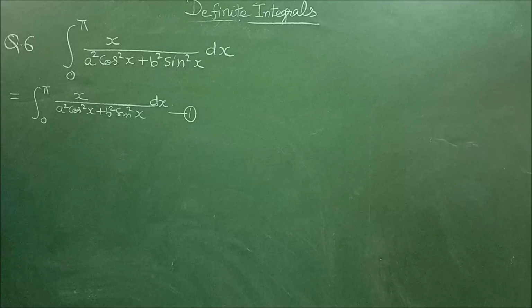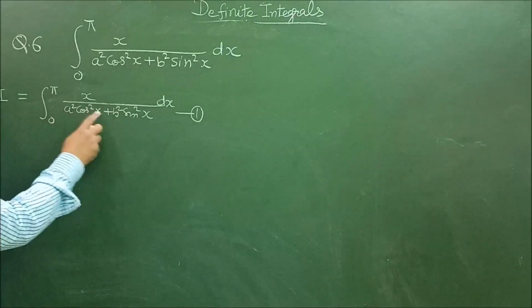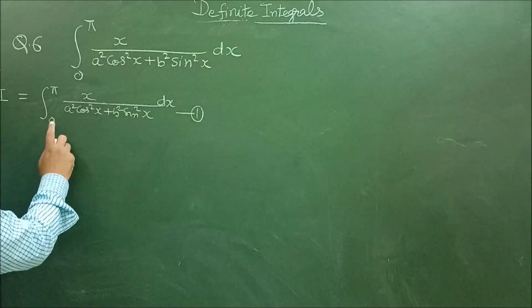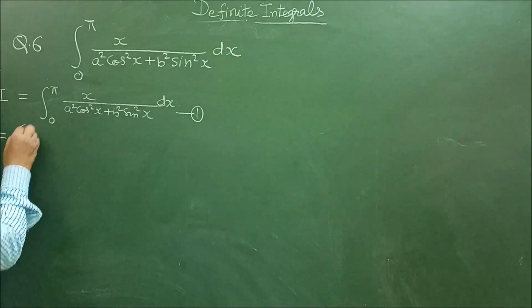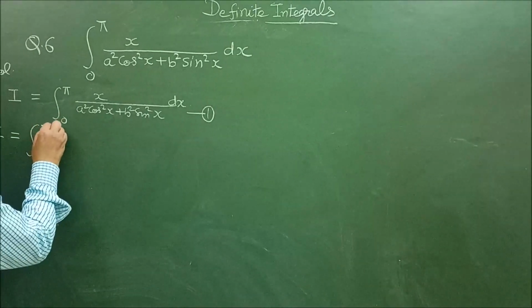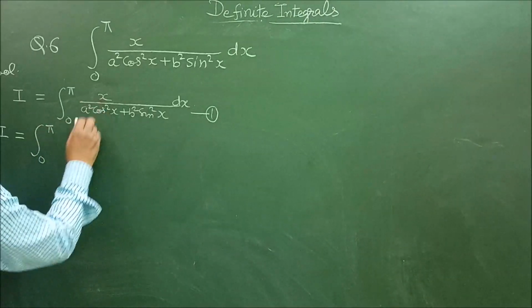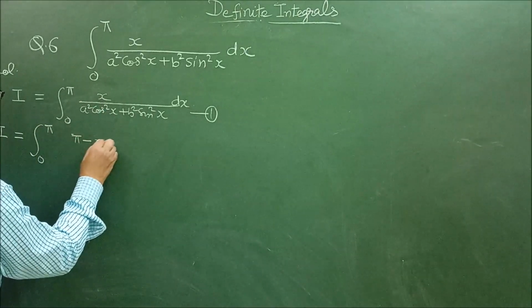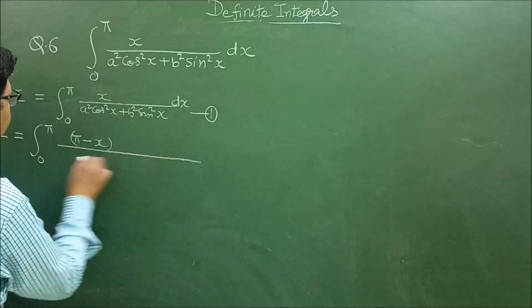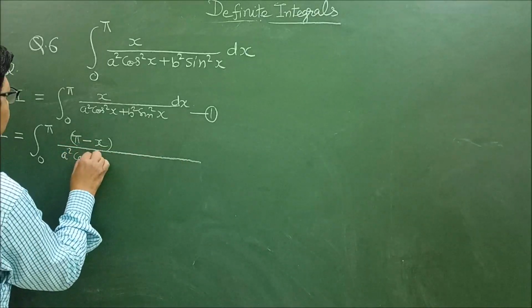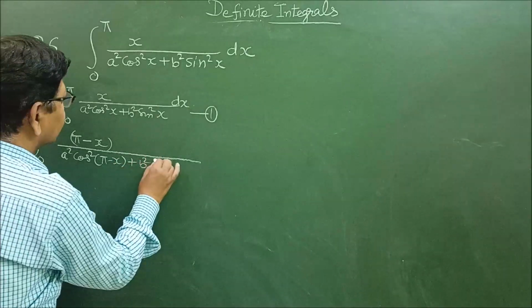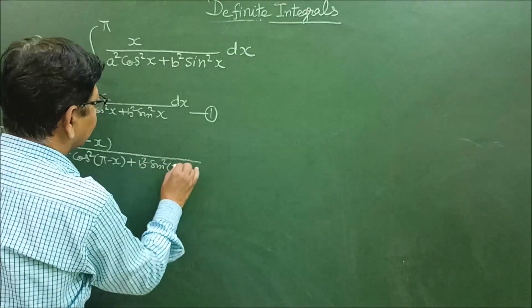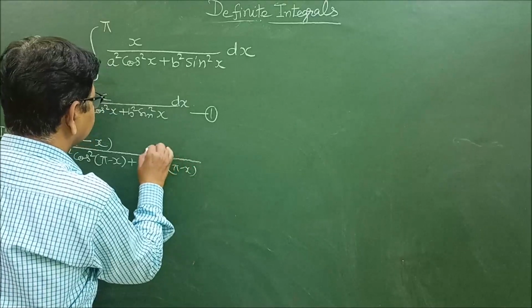Now using the property that the integral from 0 to a of f(x) dx is also equal to the integral from 0 to a of f(a minus x) dx, this I is equal to the integral from 0 to pi, replacing x by pi minus x here, of pi minus x upon a square cos square (pi minus x) plus b square sin square (pi minus x) dx.